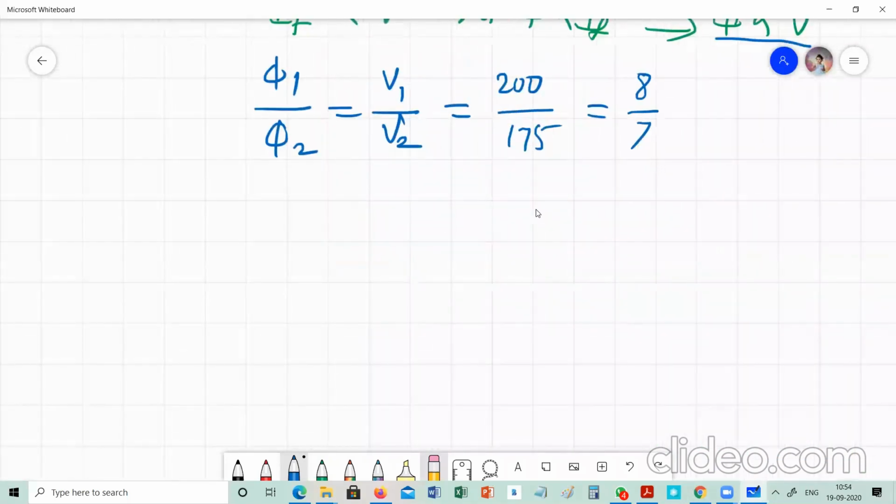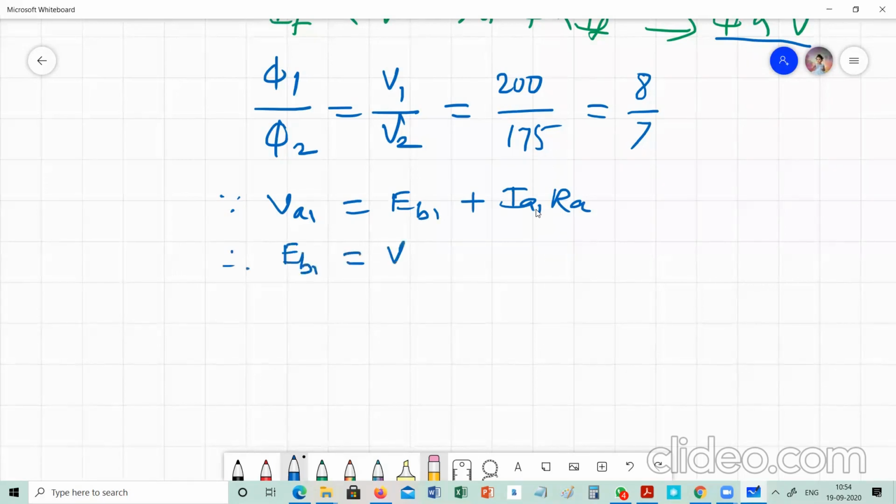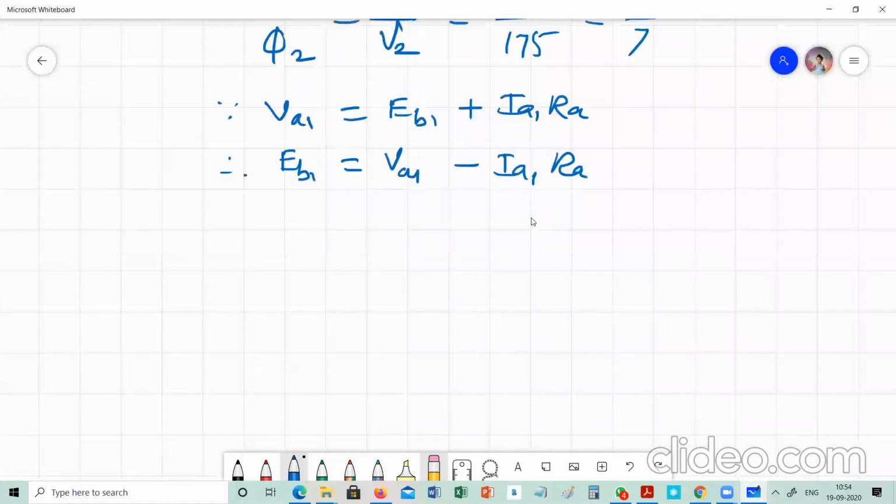Since VA1 is equal to EB1 plus IA1 into RA, therefore EB1 is equal to VA1 minus IA1 RA. You cannot write RA1 because RA in both cases is the same.